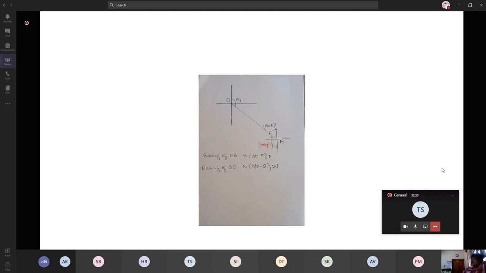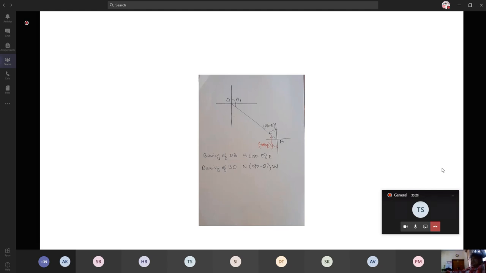What is the bearing of a line BA? 320 minus 180, 140. Get the point. You could also add 320 and 180 to get 500, but that is also correct, you have to subtract 360 again. 500 minus 360, you get how much? Do you get the point?